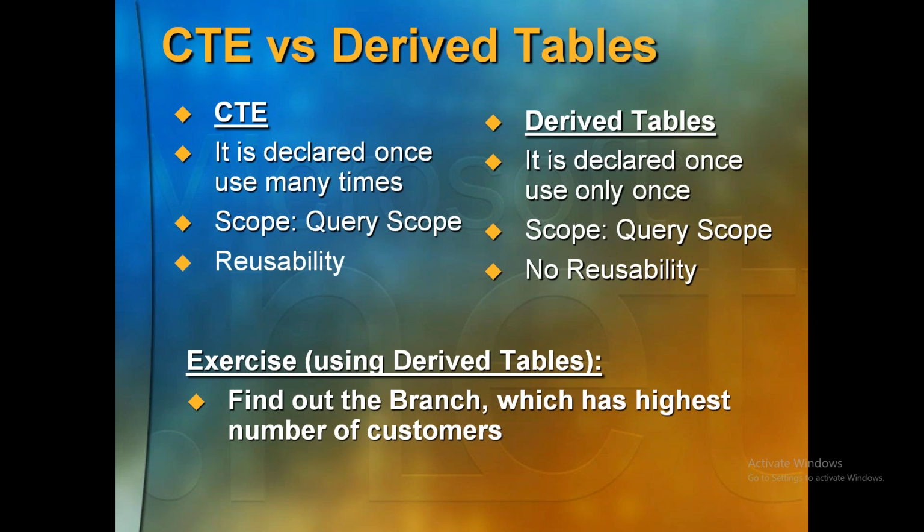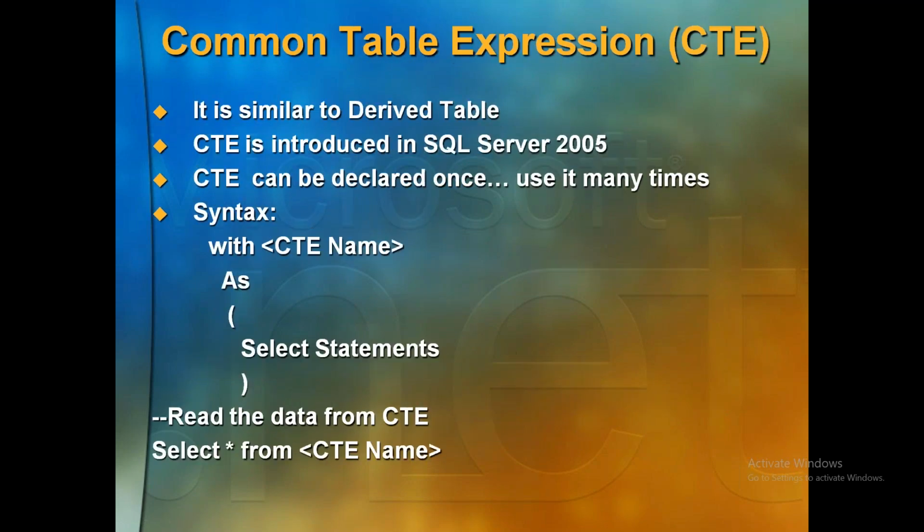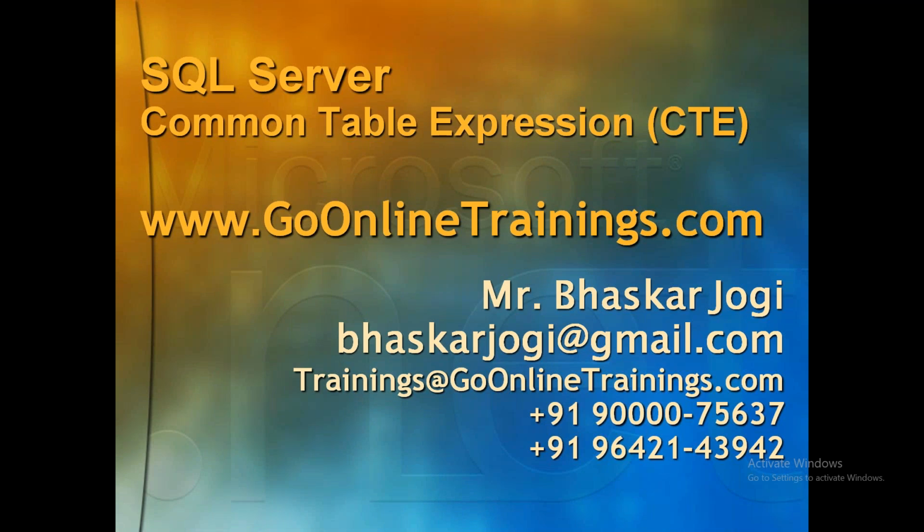Am I clear? Try to do this in multiple ways, and using derived tables and subqueries, you achieve this. You can also use derived tables as well as ranking functions, but try to implement derived tables and subqueries. Find out the branch which has the highest number of customers. Clear? Try to get that, and tomorrow we'll discuss what a common table expression is all about.